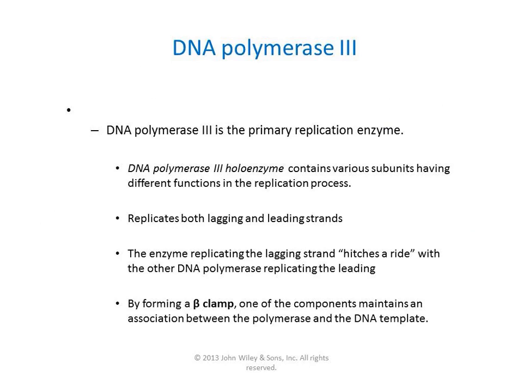The DNA polymerase III in prokaryotes replicates both lagging and leading strands of the DNA, and the DNA polymerase III that replicates the lagging strand actually hitches a ride with the DNA polymerase that replicates the leading strand. So they form a complex together, and they hitch a ride together to replicate these strands. And we'll see that in just a second.